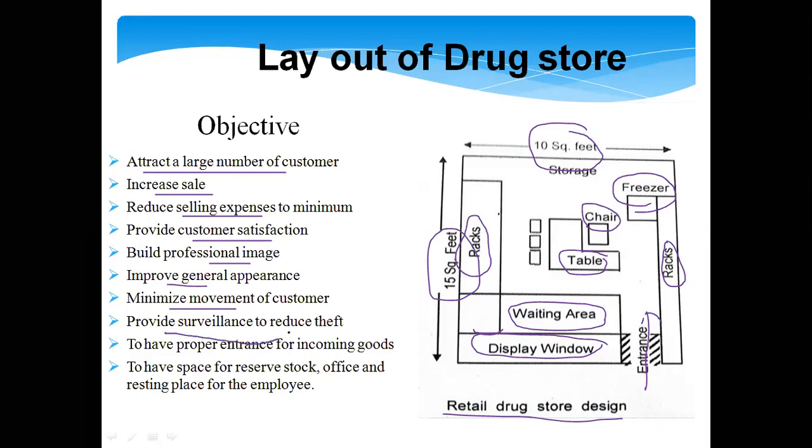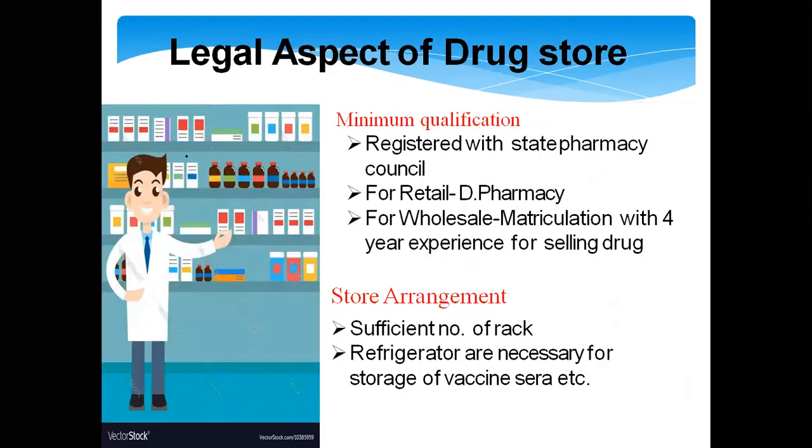Provide surveillance to reduce theft, meaning CCTV surveillance should be available in the drugstore. There should be a proper entrance for incoming goods, proper space for stock reservation, as well as an office and resting place for the employees. These are the requirements you have to plan in the layout of drugstores.